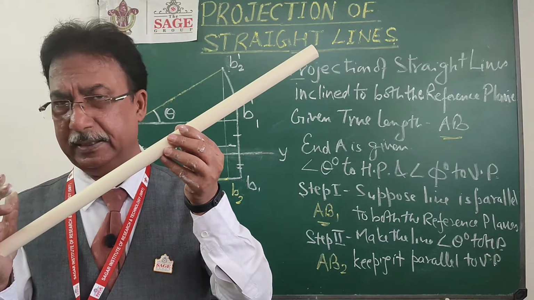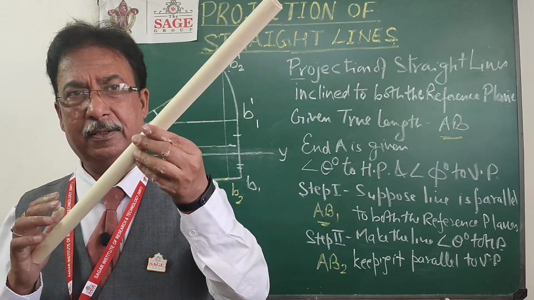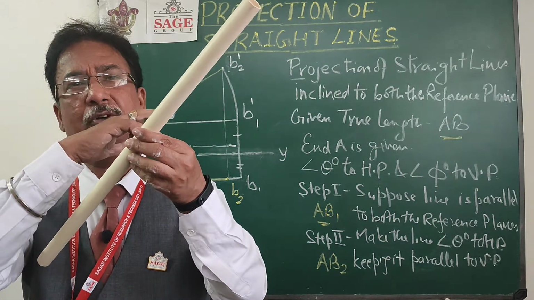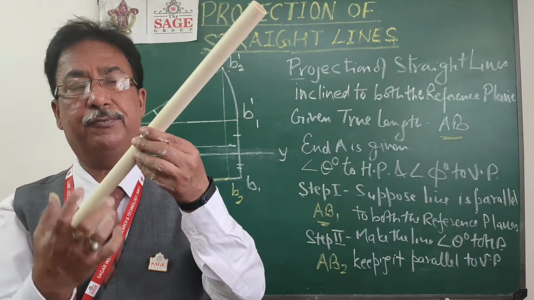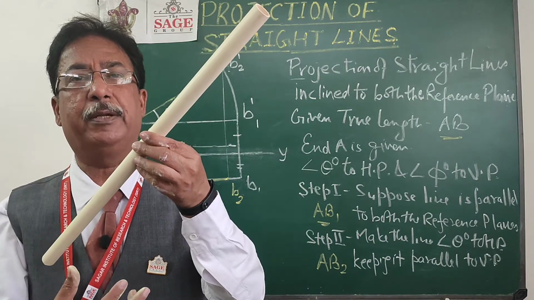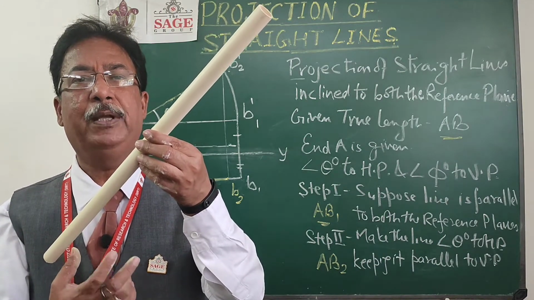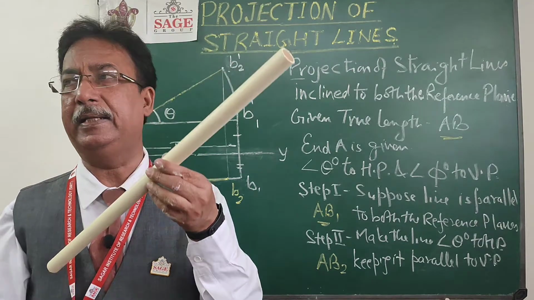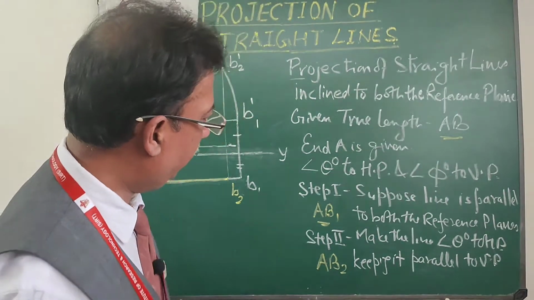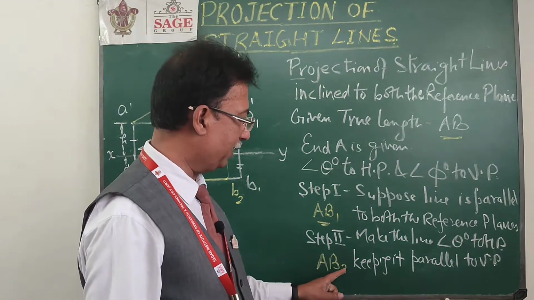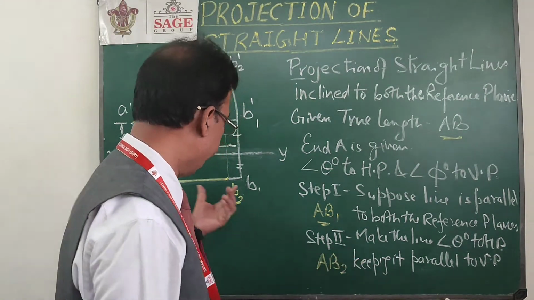Now suppose holding this end, if I rotate it like this, now the distance of this point from VP is going to change, the front view is going to change, but the top view will remain same. Why top view will remain same? Because this theta angle is not going to change. So what we concluded, that if I make this line inclined to HP by some angle, then the top view will be changed.